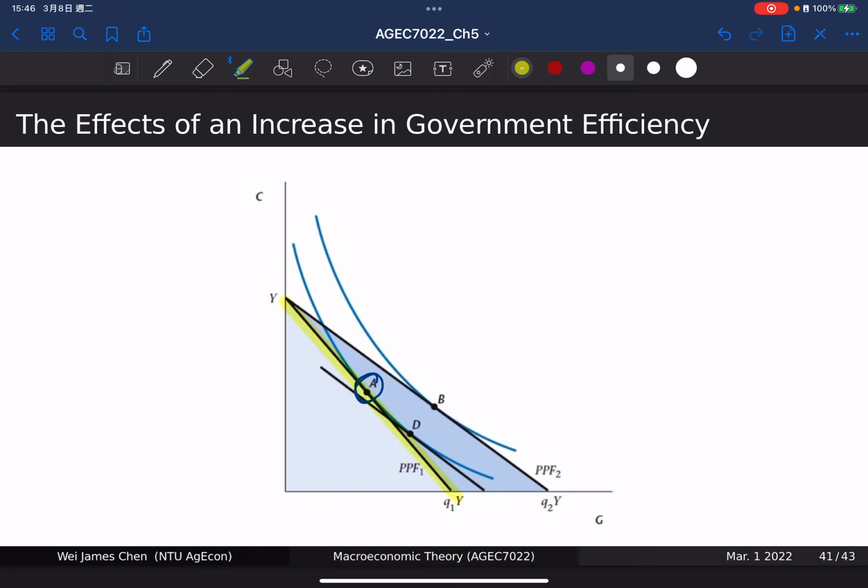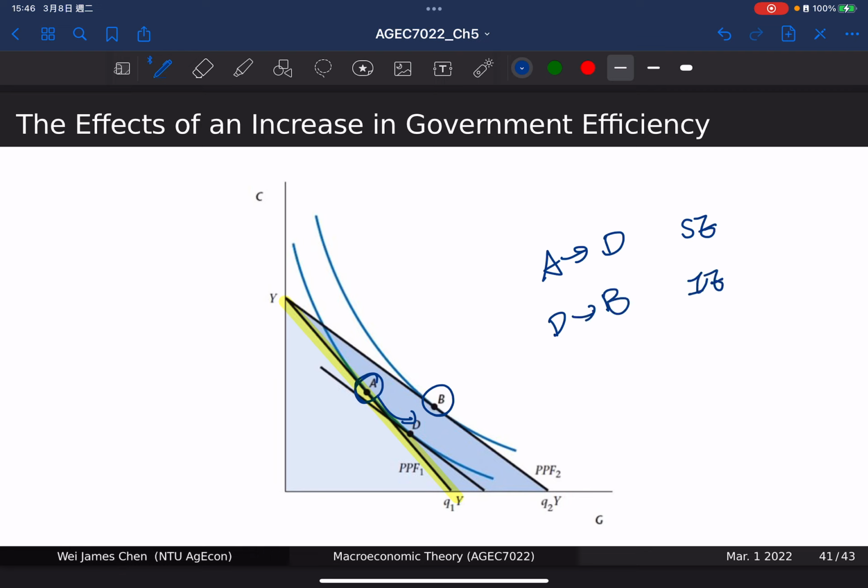PPF. So the government chooses the level to optimize the consumption bundle at A, and the new optimal consumption bundle is B. So from A to D, that's the substitution effect. From D to B, that's the income effect.